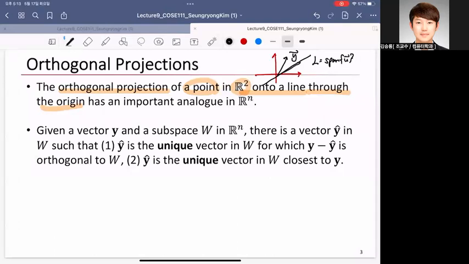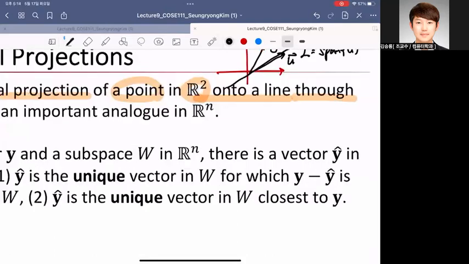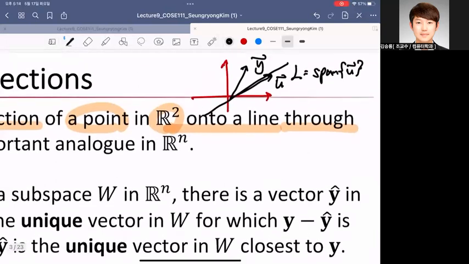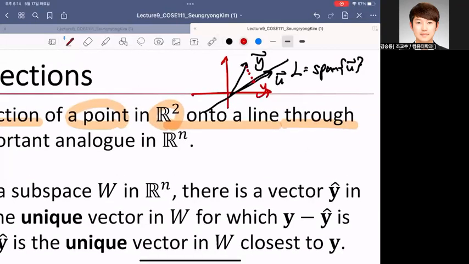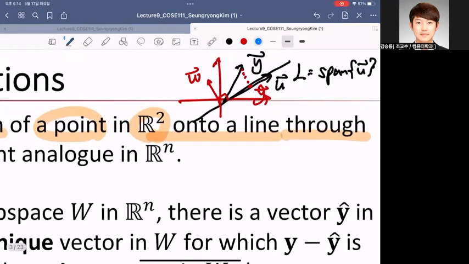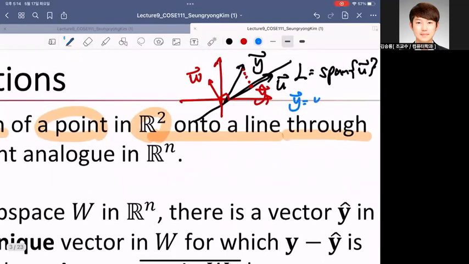And we discussed the orthogonal projection y hat, and the orthogonal vector w, something like this, right? And we discussed that y can be decomposed as y hat plus w.